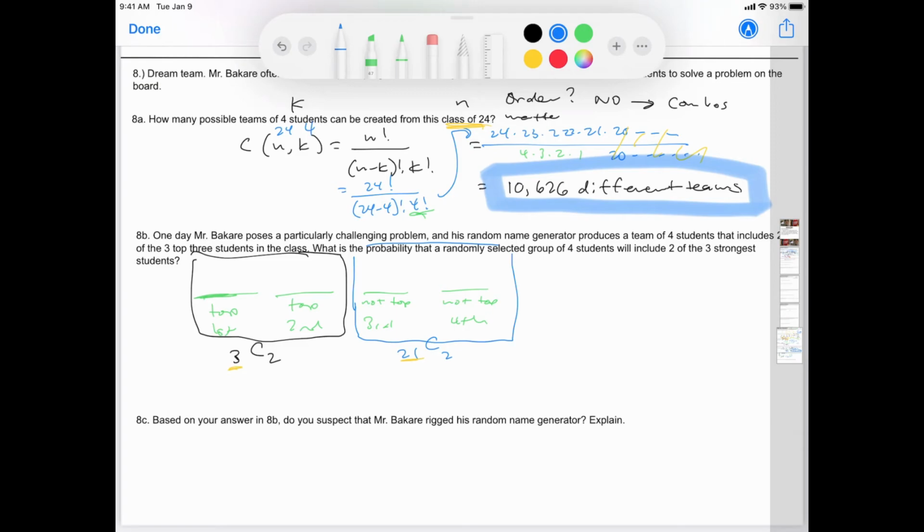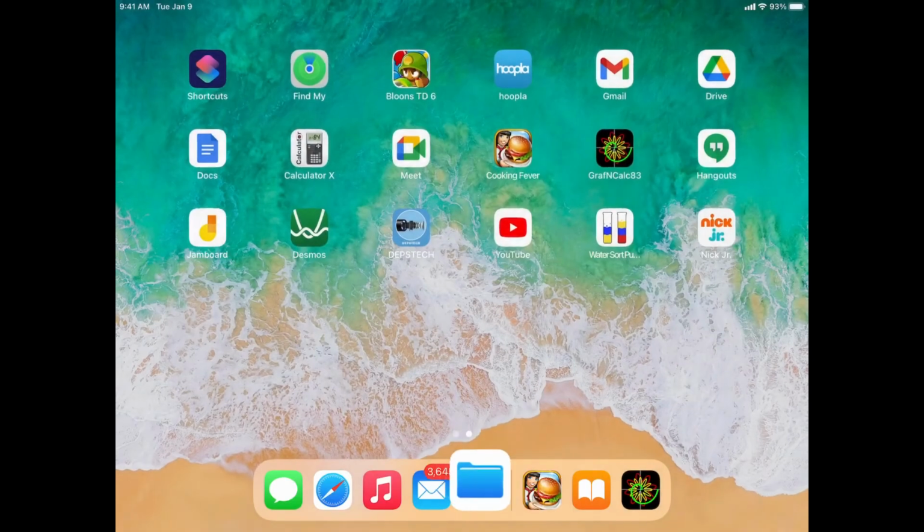Okay, so if I wanted to calculate the total amount of combinations I can get, it doesn't matter if I got a top student, then non-top, then a top, and non-top. The order doesn't matter, so I can just multiply those. So 3 choose 2. I'm just going to use my calculator.